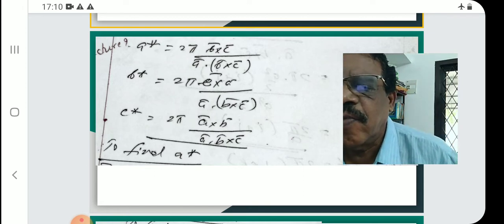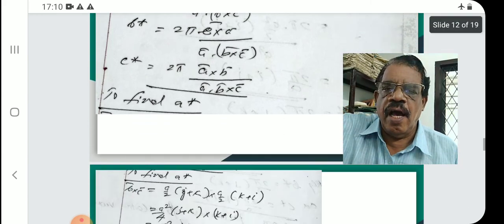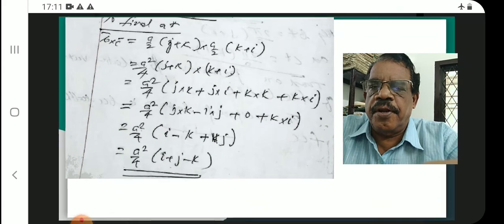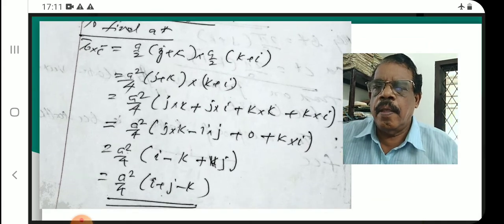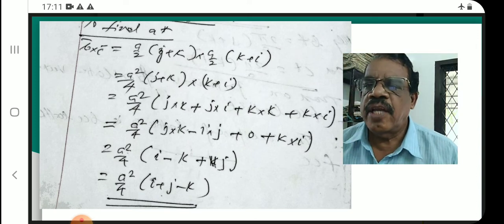We write the three values and find a star. For that we write b cross c.